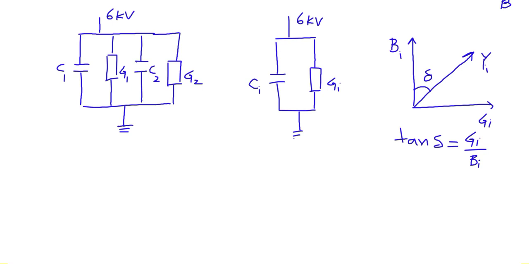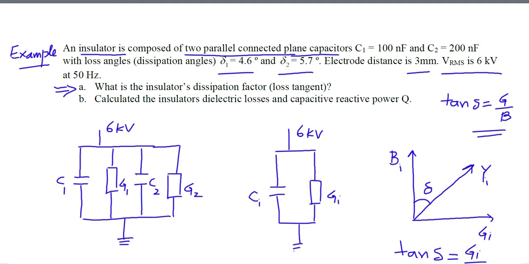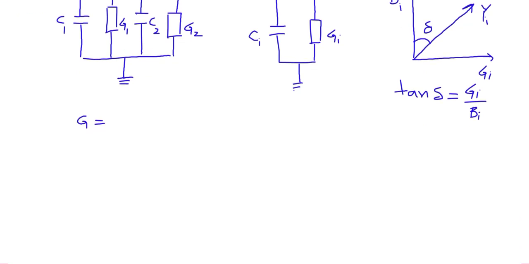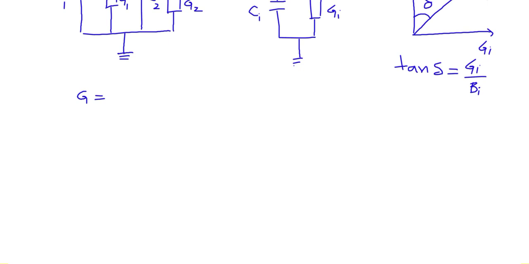So in order to determine GI, again, G is equal to, as I wrote here, B multiplied by tangent delta.